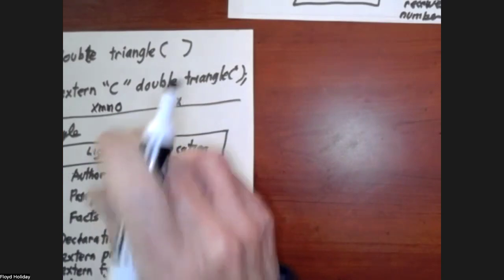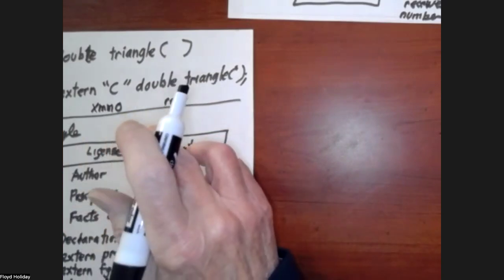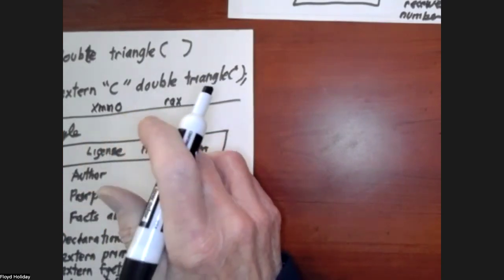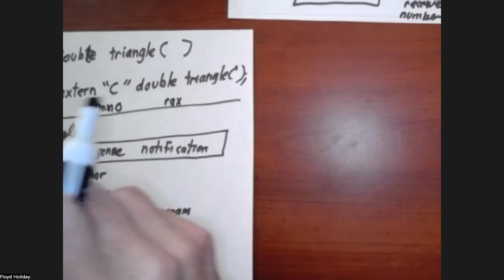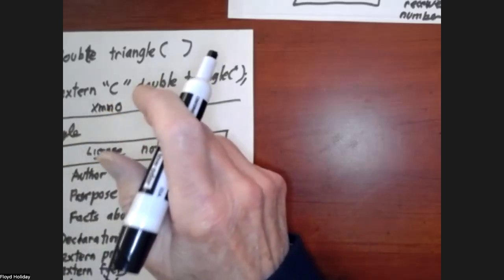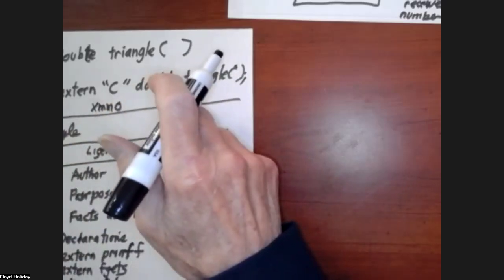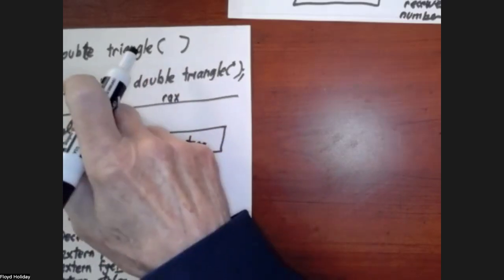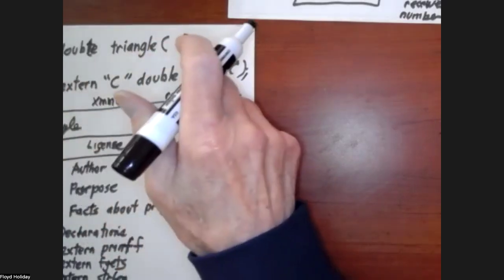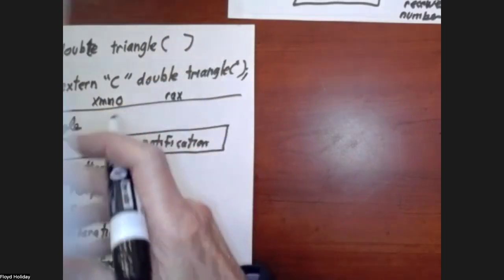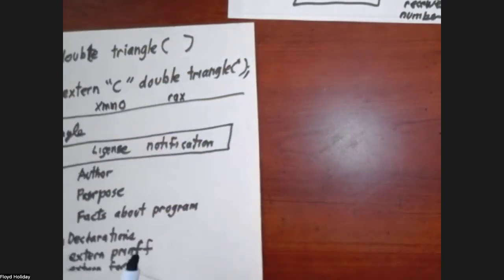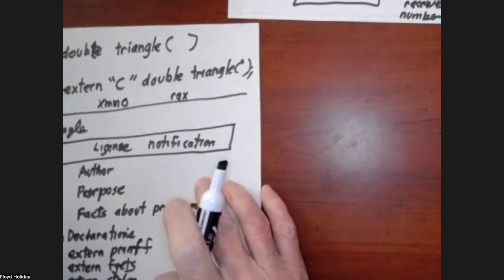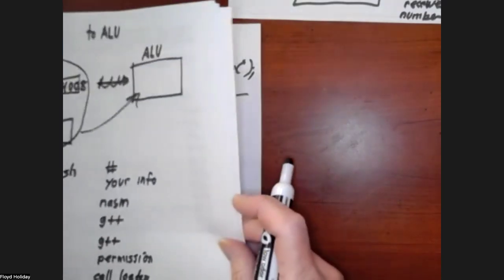So RAX has this special role of carrying back to a caller a data value that's an integer type. That's the main reason why RAX is omitted.